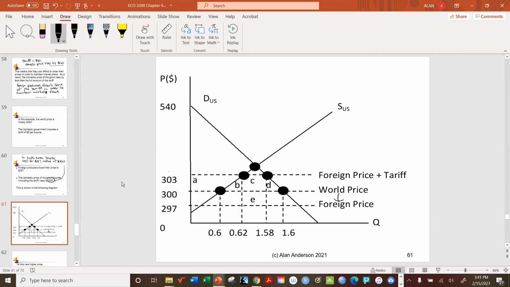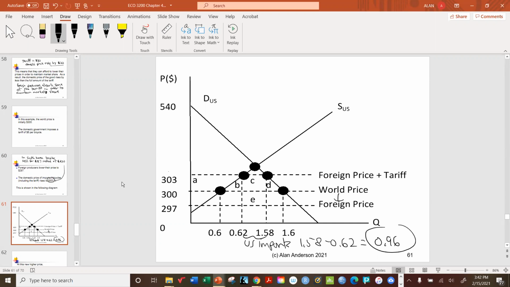You can see that the US is now importing the difference between those two, which is 1.58 minus 0.62, 0.96 million bikes.